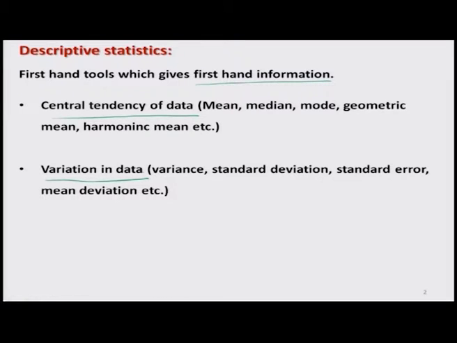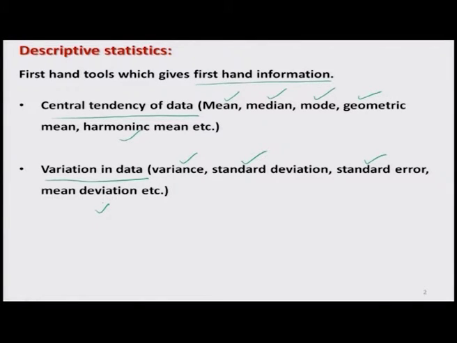There are different tools which are used to measure the central tendency of the data, like mean, median, mode, geometric mean, harmonic mean, etc. And similarly, when we want to measure the variation in the data, there are different tools like variance, standard deviation, standard error, mean deviation, absolute deviation, etc.